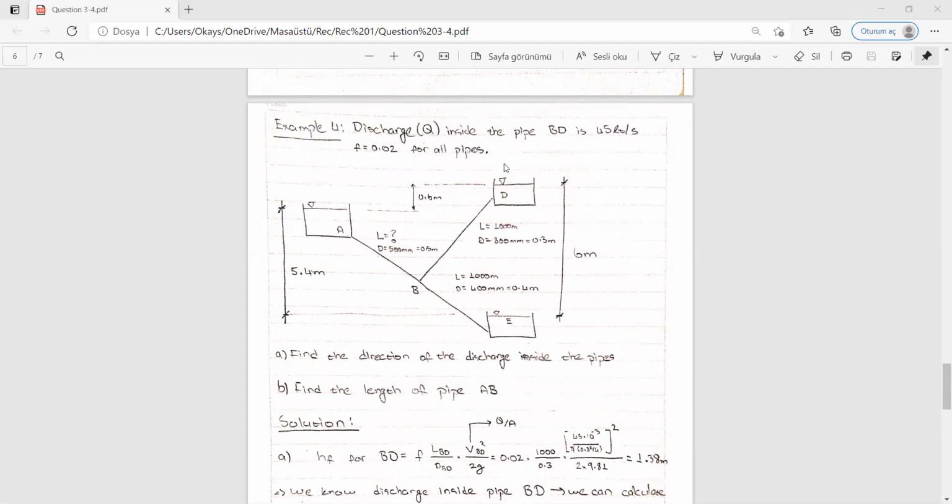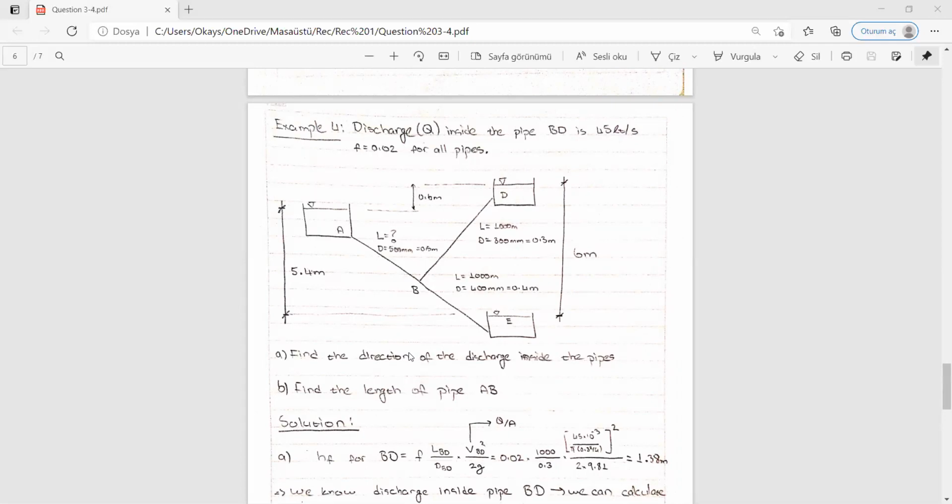We are ignoring minor head losses. We are dealing only with the major head loss. So by using this F value, we can calculate the major head loss in this pipe because we know the length, we know the diameter, and we know the discharge. We don't know the velocity, but we know the discharge, so we can calculate the velocity and find the major head loss happening in this pipe.